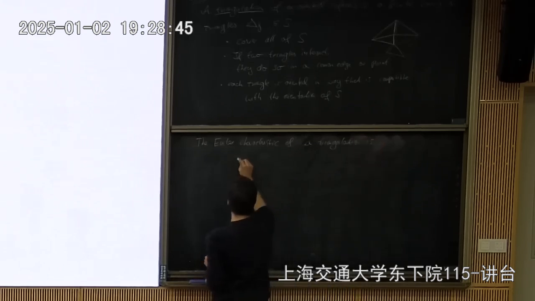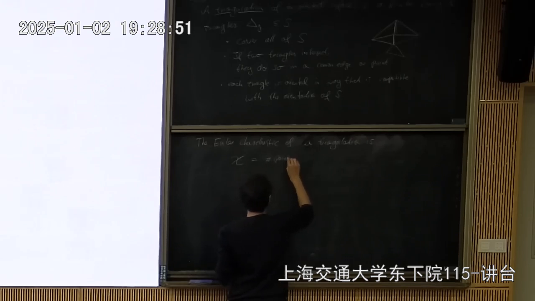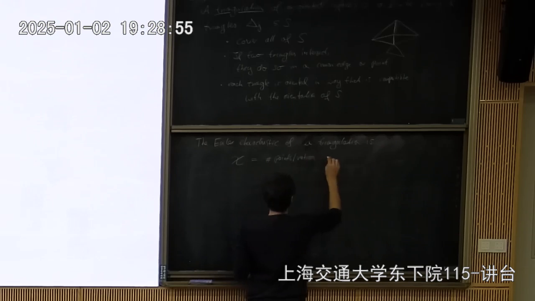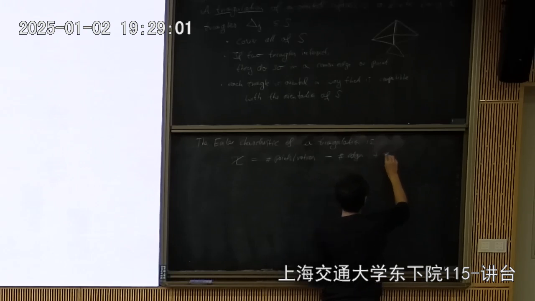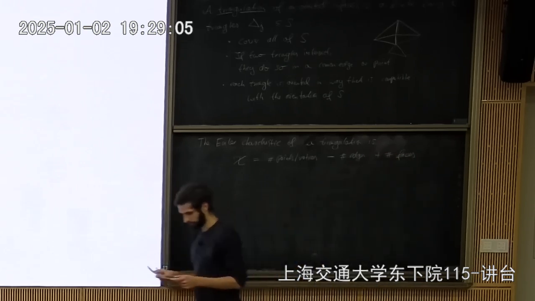It's usually denoted by chi. So chi is the number of points, or usually it's also called the vertices, minus the number of edges plus the number of faces.